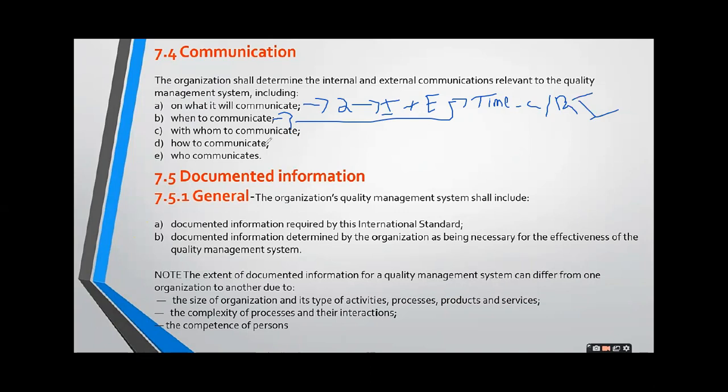Okay. Third one is to whom you will communicate. You will identify the specific recipients of each communication, both within or outside of the organization. For example, some incident happens.